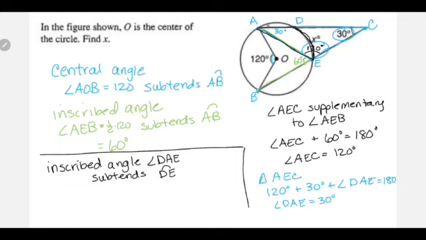And we also know that this angle is 30 degrees. So then we can find out the central angle that subtends the arc DE. We're going to go ahead and find that and then name it. We're going to subtend the arc DE by this time going through the center. That's this one right here.